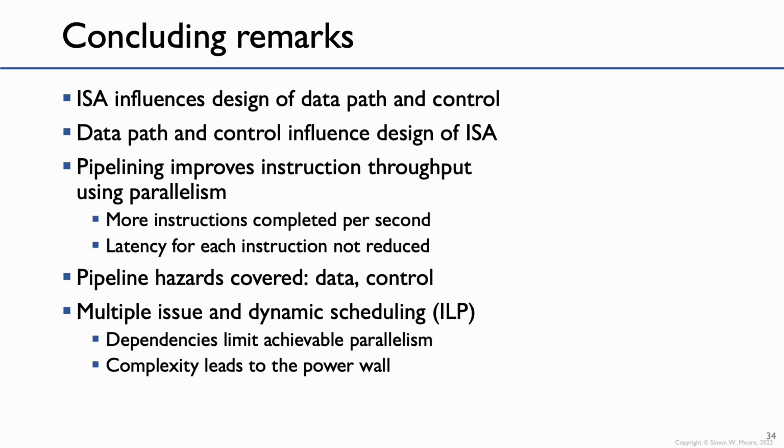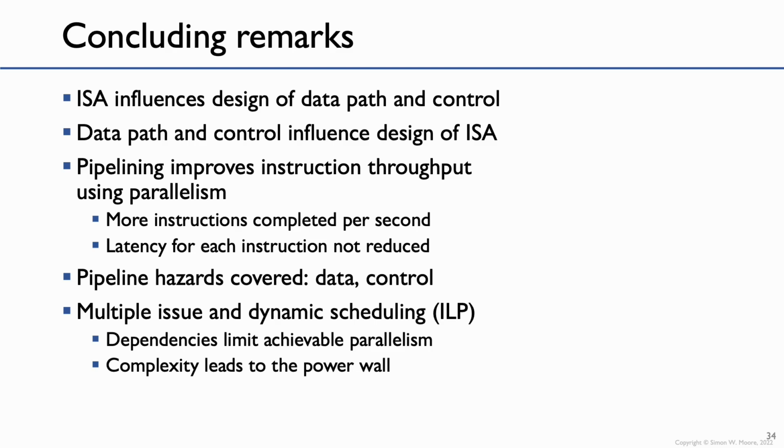So we get more instructions completing per second, although with a very simple pipeline we're still only fetching one instruction every clock cycle, until you go to a superscalar pipeline where you try to fetch more than one. Also do remember that with pipelining, the actual latency, the time taken to complete execution of one instruction, is not reduced. If anything, it takes longer to execute a particular instruction, but due to the pipelining effect, we get much better throughput.